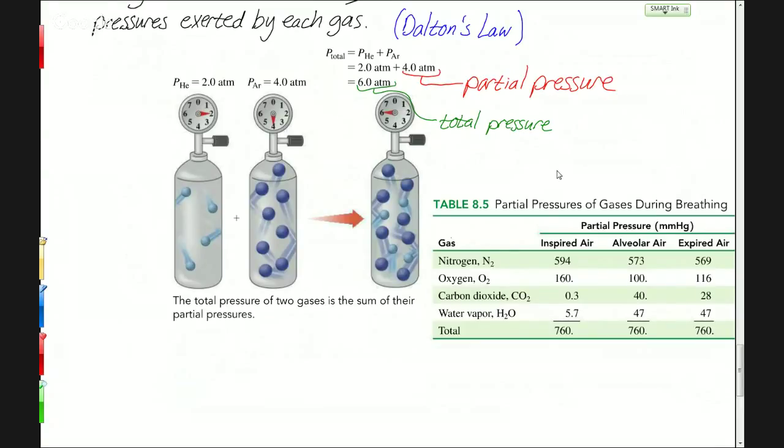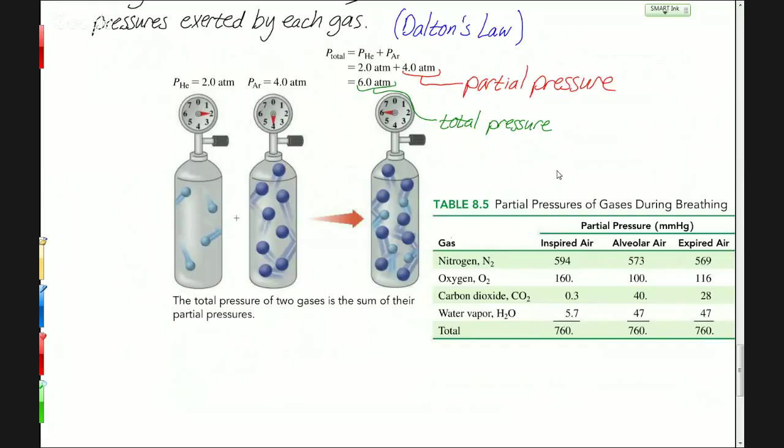Assuming you're breathing at atmospheric pressure, the total pressure of the air is going to be 760 millimeters of mercury, 760 torr is another way to say that. And first is the inspired air, which is the air that's coming into your mouth. Then you have the alveolar air, which is the air that's down in the very bottom of your lungs. And then the expired air, the air that's actually coming out.